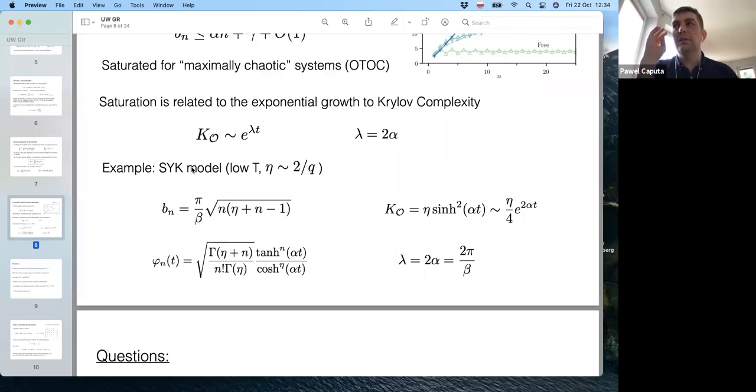In the examples they analyzed, in the two-dimensional holography of SYK and AdS2, the momentum or boost of the particle that moves in this AdS2 near horizon geometry is related to a natural notion of complexity in SYK, basically this Krylov complexity in a slightly different language.